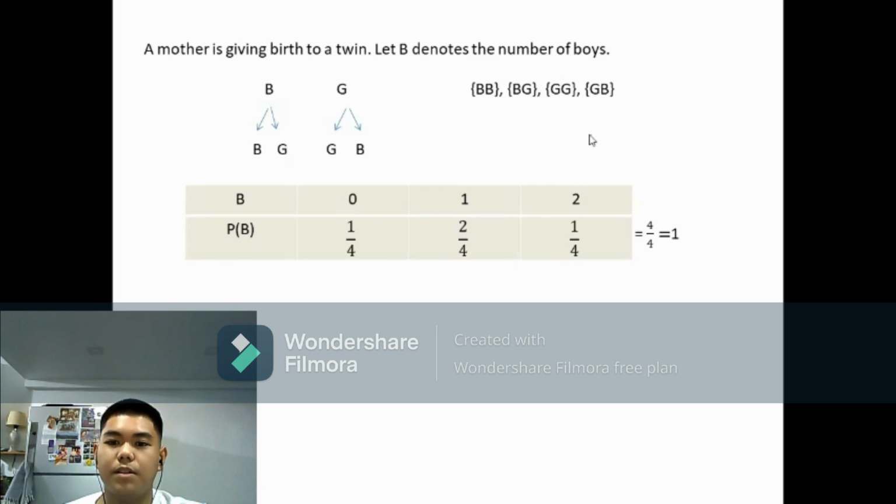And the probability of getting 2 boys is 1 out of 4. So we have boy boy. And we will add all the p of x. 1/4 plus 2/4 plus 1/4 equals 4/4 equals positive 1.